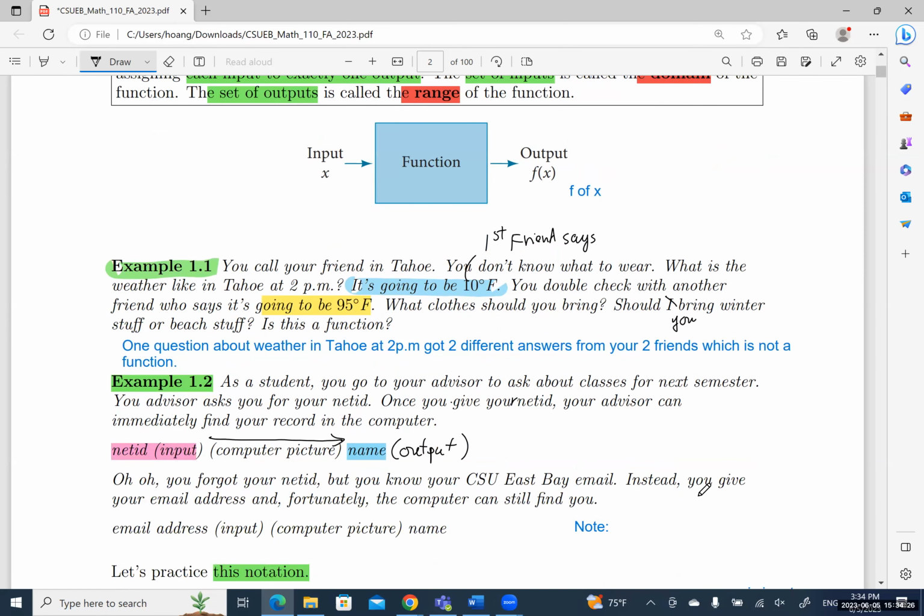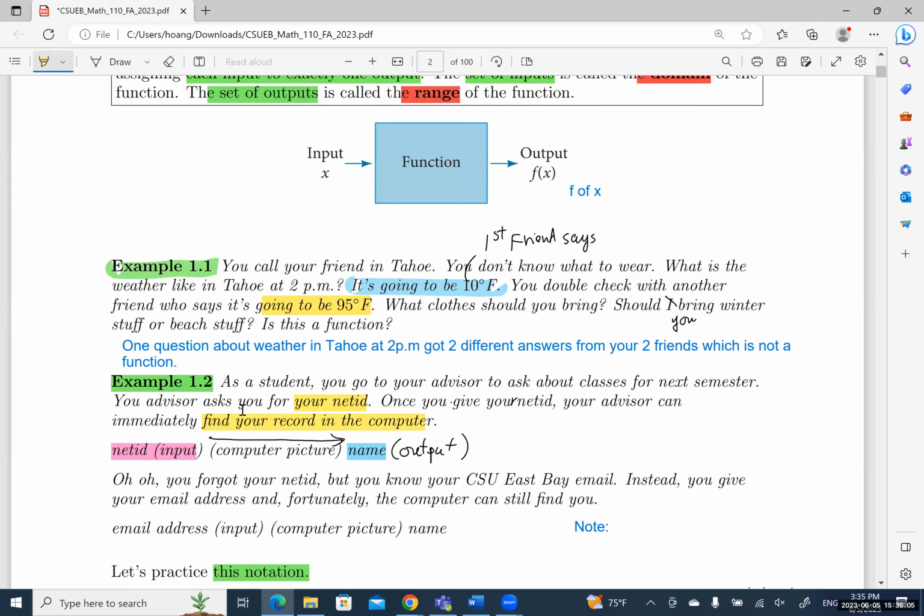So let's go to another example. Say you go to a counselor or an advisor to ask about a class for the next semester. The advisor will ask you for your net ID, because he or she needs some information from you. After you provide the net ID, the advisor can immediately find the record in the computer.